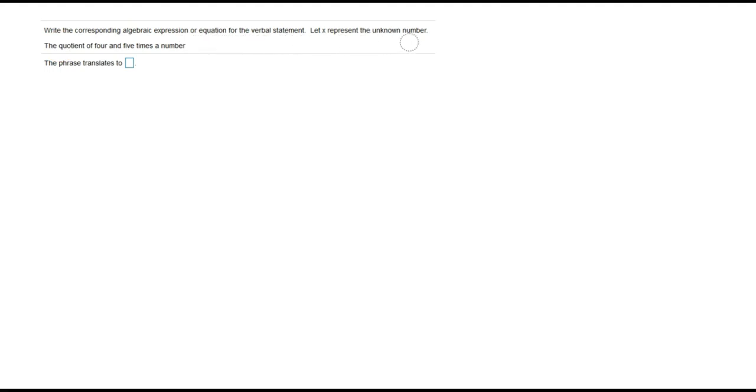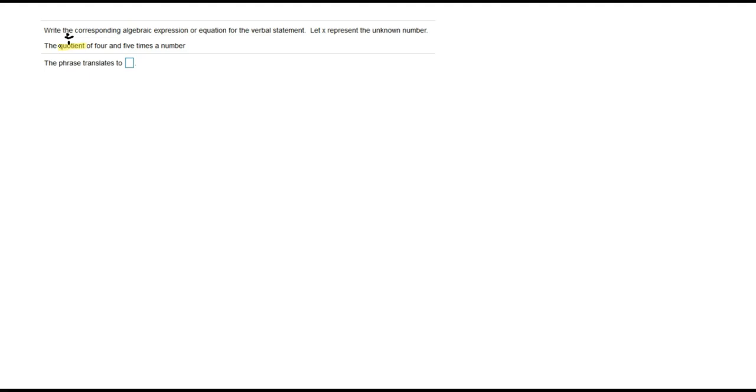This question says, write the corresponding algebraic expression or equation for the verbal statement. Let x represent the unknown number. Our statement is the quotient of 4 and 5 times a number. So let me highlight one word here, the quotient. Quotient means division. And then the quotient is going to be a quotient of two things.